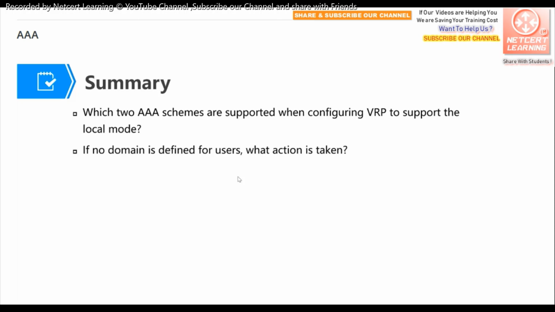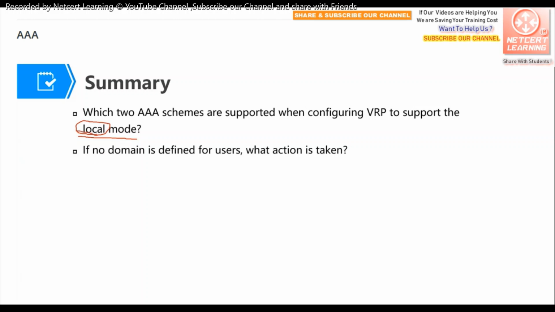Okay, let's look at two questions. First, which two AAA schemes are supported when configuring VRP to support the local mode? Okay. First, local mode. We know we have different modes. First is local mode. And we also have the remote modes, RADIUS and Huawei TACACS.